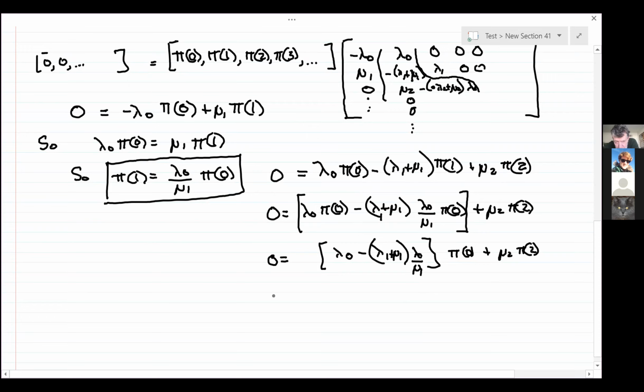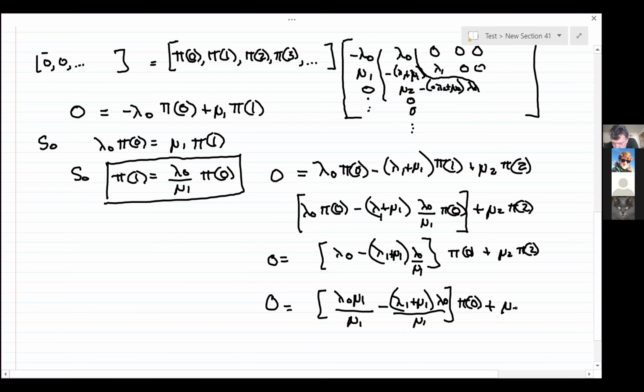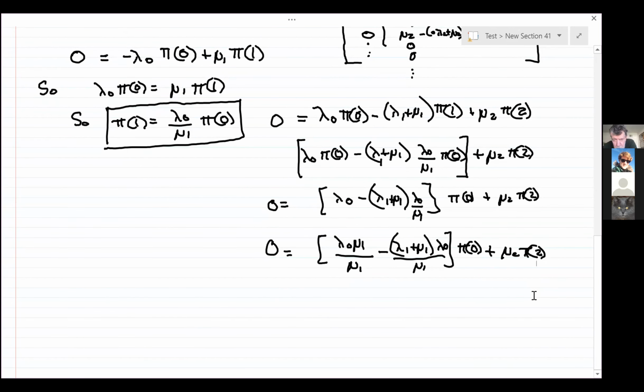Okay, let's simplify what's in the parentheses. Maybe get a common denominator, which looks like it would be mu1. So we multiply top and bottom here by mu1. We have lambda 0 mu1, and the bottom is mu1. And then we're subtracting off lambda 1 plus mu1, parentheses lambda 0 over mu1. All of that times pi0. This is a little bit of algebra. Okay, but we're getting there.